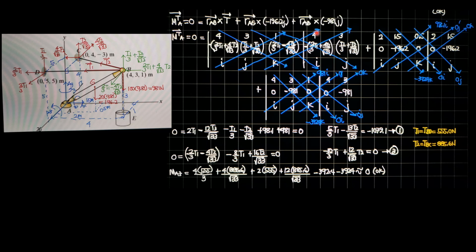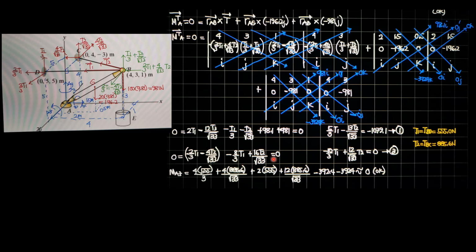Then minus 4 times negative 4 T2 over square root of 33, that's positive 16 T2 over square root of 33. Then j here is 0, 0j, 0, then 0, because these forces are parallel to the y-axis, that's why they have no moments about y.